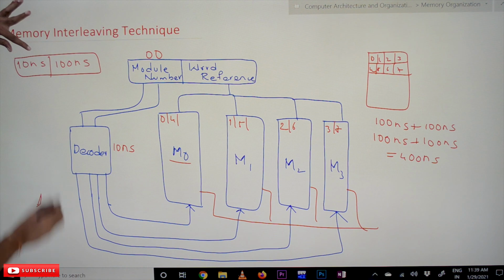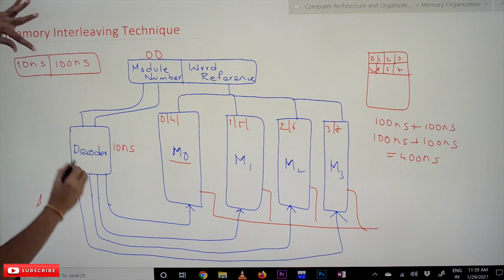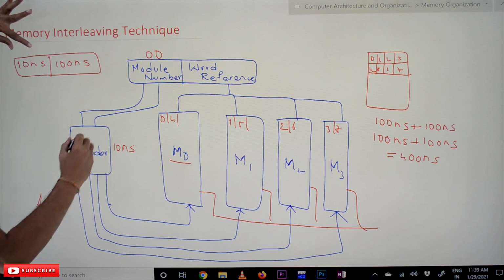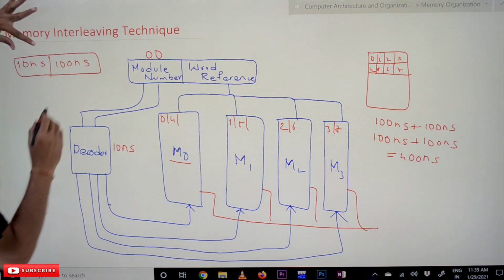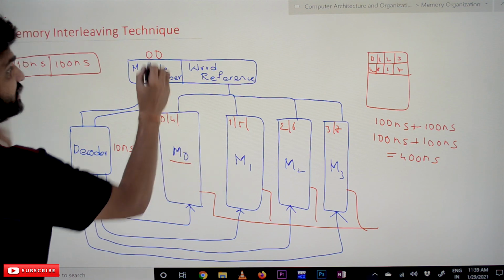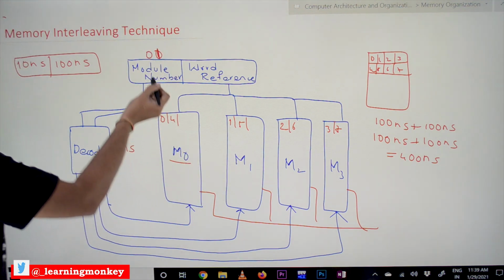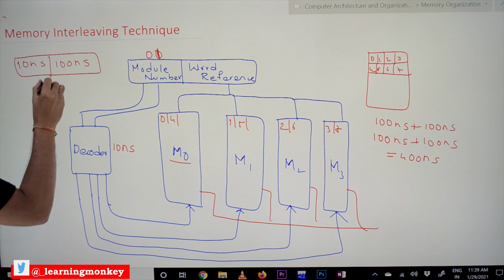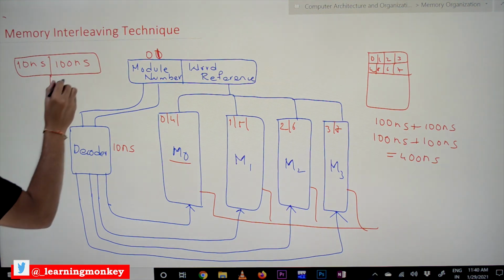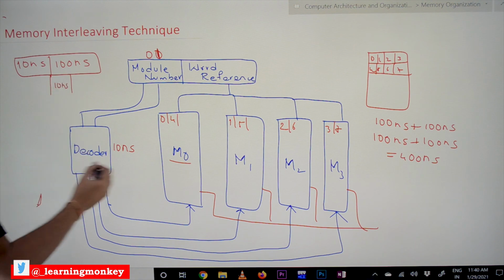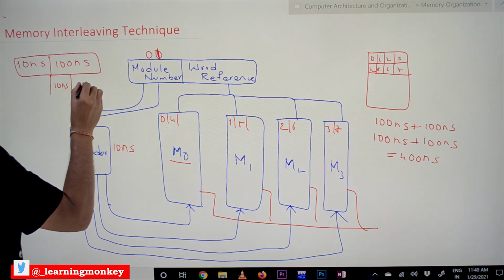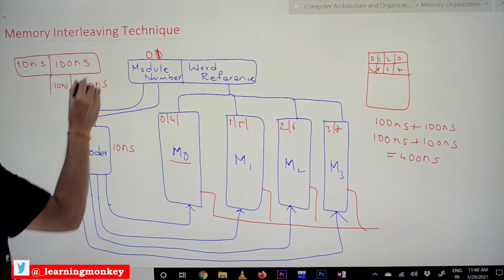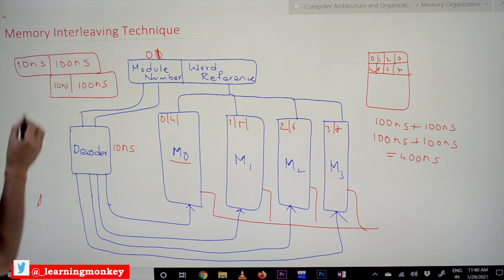What happens is, after 10 nanoseconds, the decoder is free. So it is going to take the next address, and it is going to select the next module. See here, after 10 nanoseconds, the next 10 nanoseconds is used to select the first module, and it is going to take 100 nanoseconds.